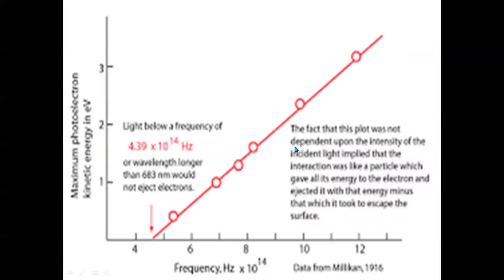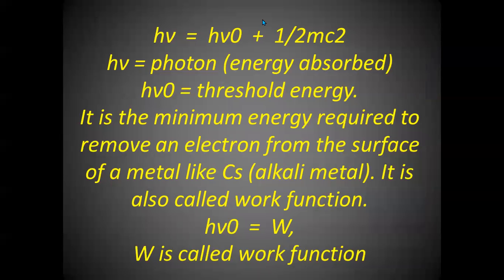Now let us consider this equation. This is the photon, the incident photon, or the photon in incident radiation. It is called energy absorbed, and this is the other energy which is in the scattered photon.